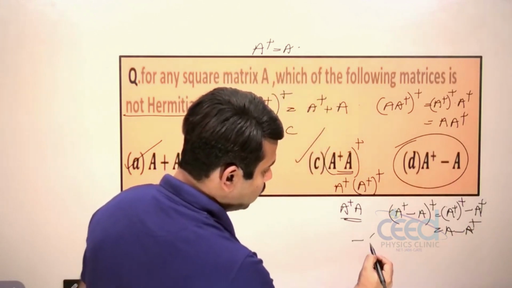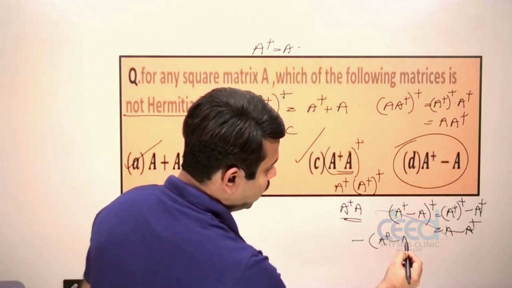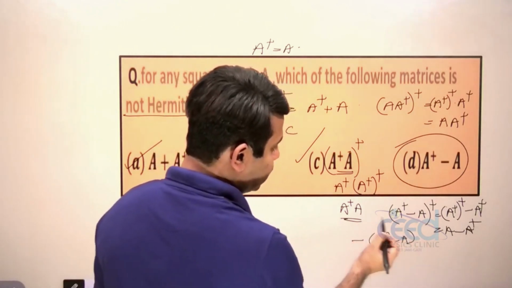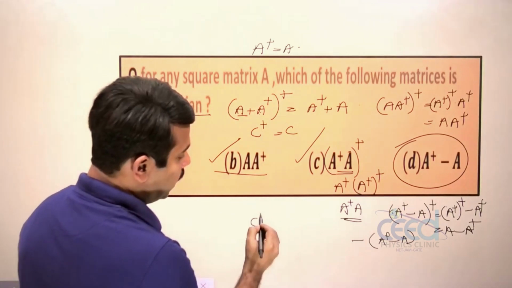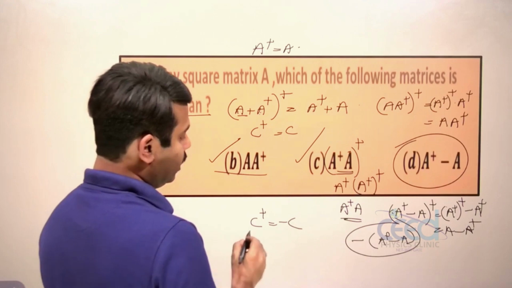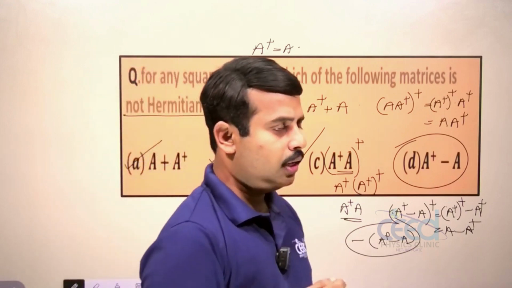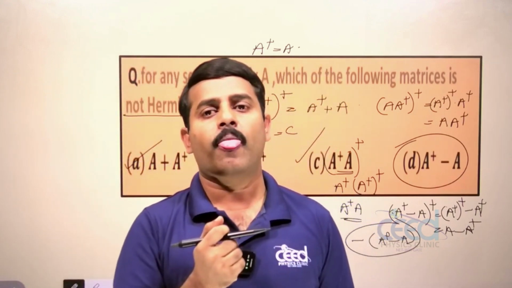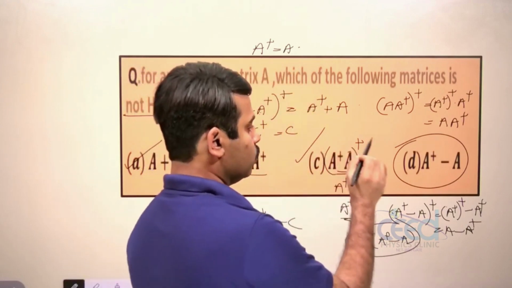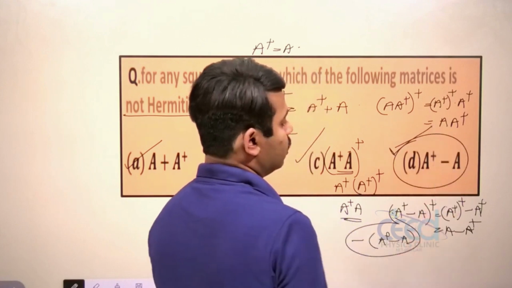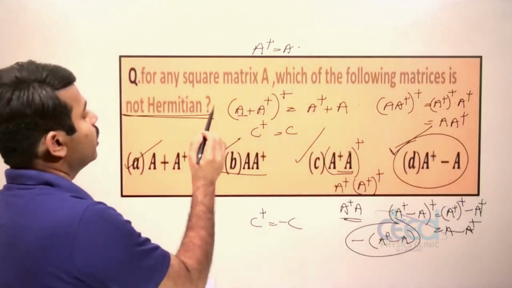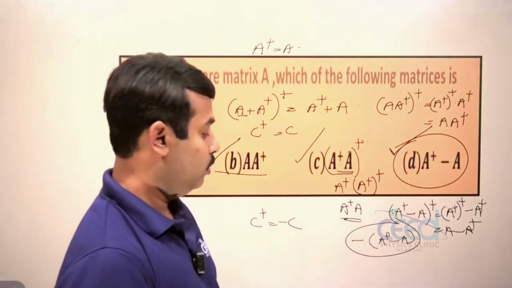Then that is equal to minus of A dagger minus A. That means C dagger is equal to minus C. Finally we end with minus C. A dagger equal to A is Hermitian, and A dagger equal to minus A is skew-Hermitian. So this is the option, this is not Hermitian, right? The question asked what is not Hermitian, alright?